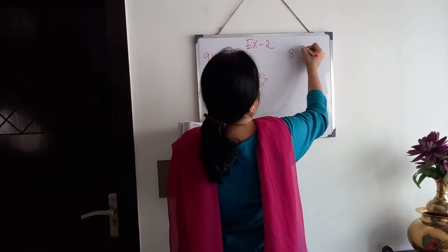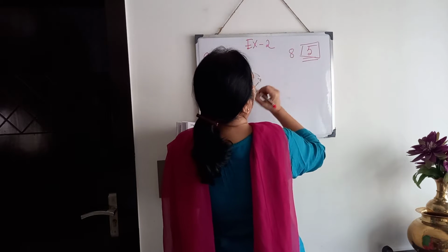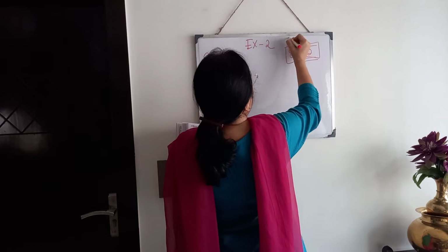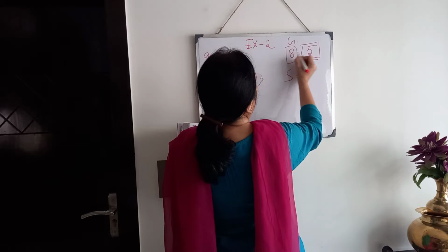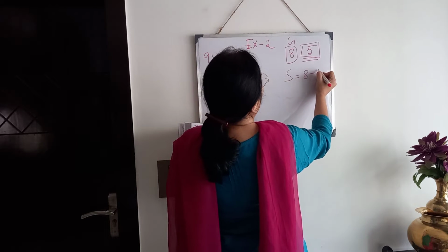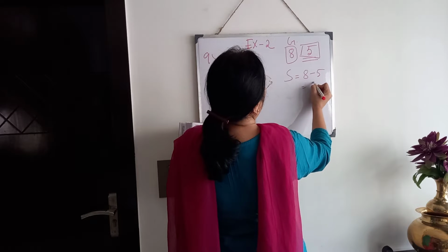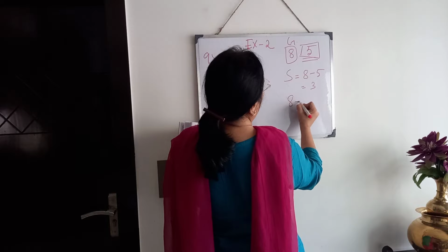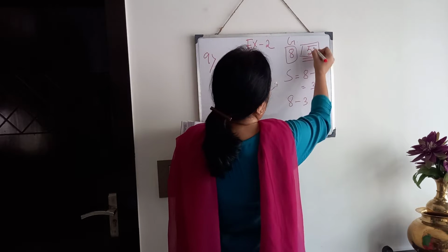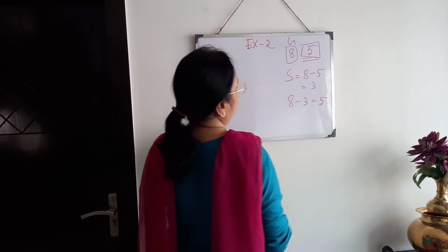So how can you find? 8 minus 5 equals 3. Now you see, greater number 8, smaller number 3. If you subtract, the difference is coming 5.